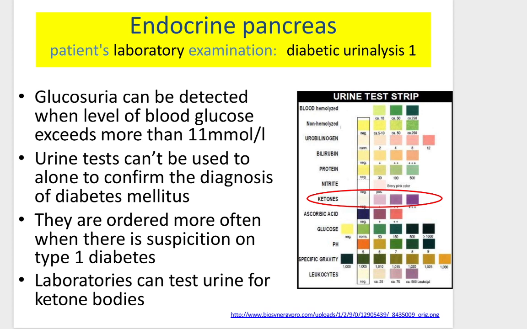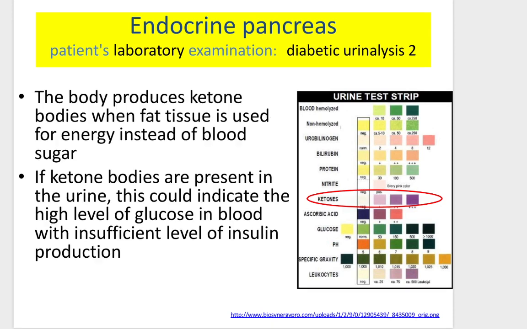Laboratories can test urine for ketone bodies. The body produces ketone bodies when fat tissue is used for energy instead of blood sugar. If ketone bodies are present in the urine, this could indicate a high level of glucose in blood with insufficient level of insulin production.